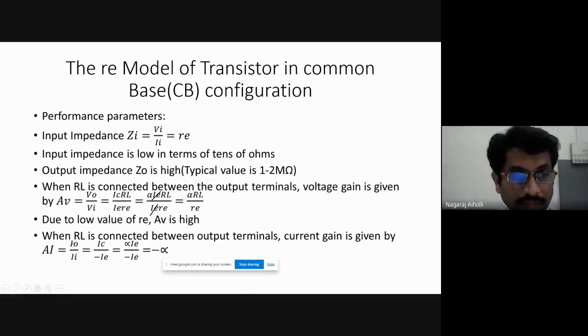AI is I naught by II, or I naught is equal to AI into II, by cross multiplication.